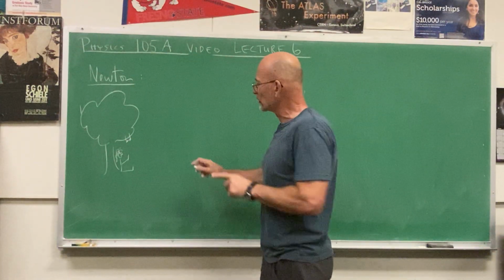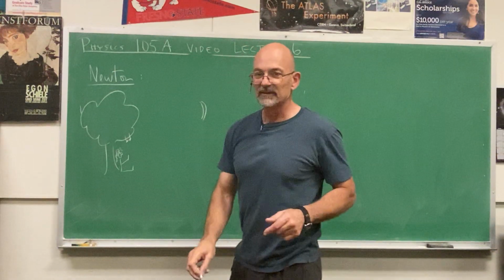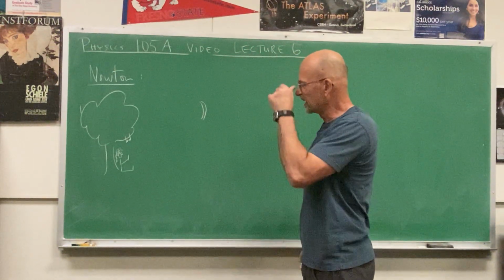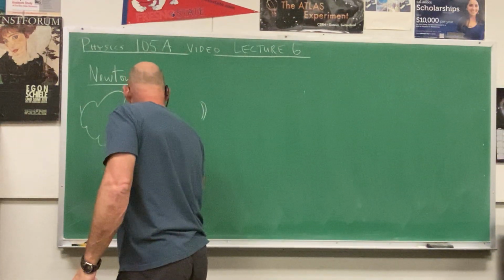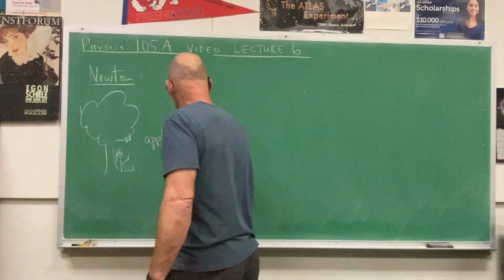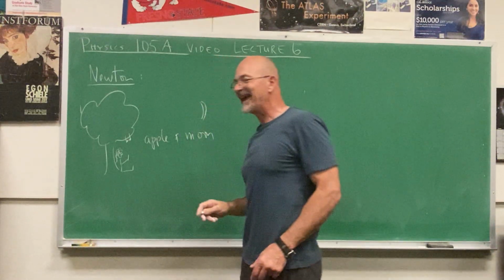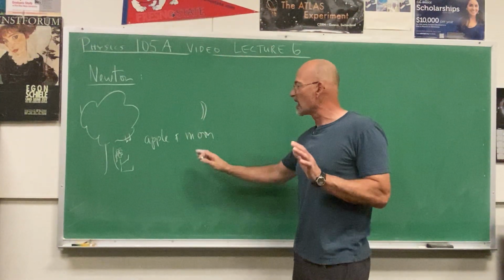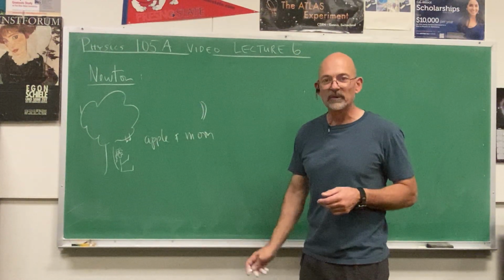Because the meaning of the story is that there's this apple, there's also a moon out there. Okay. And the idea is that the apple and the moon obey the same dynamical laws. The same law of nature that governs the fall of the apple governs the orbit of the moon.